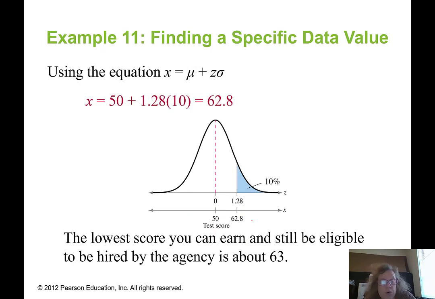We can then transform that, plugging in the 1.28 for z. We already knew we had to plug in 10 for sigma and 50 for mu. And if we plug all that in, we get an answer of 62.8. So the lowest score you can earn and still be eligible to be hired by the agency is about 63.